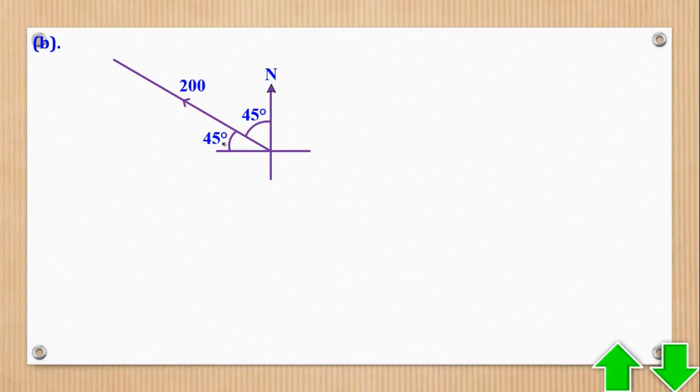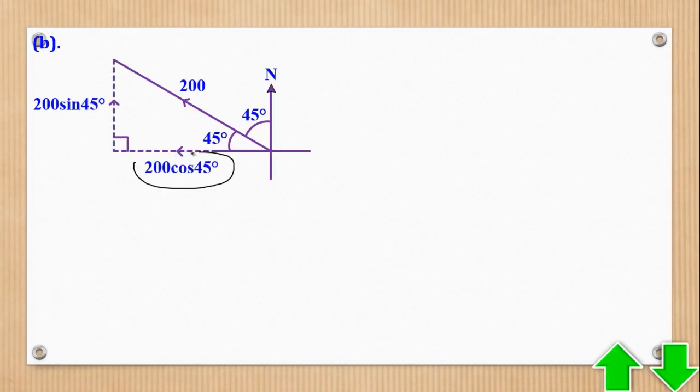We put this 45 because our angle must lie on the horizontal. Always remember that. So splitting this one gives you horizontally to be to the left and vertically to be upward. So we shall put to the left, and horizontally it is cos and vertically it is sine. So 200 sine 45, 200 cos 45.